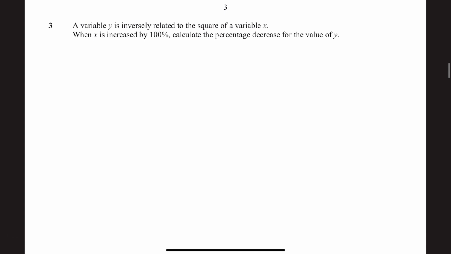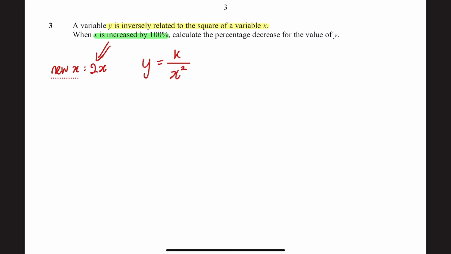A variable y is inversely related to the square of a variable x. Highlight important information. y is inversely related to the square of a variable x, which means that y is equal to k over x squared. When x is increased by 100%, if I increase something by 100%, my new x becomes 2 times the original x.